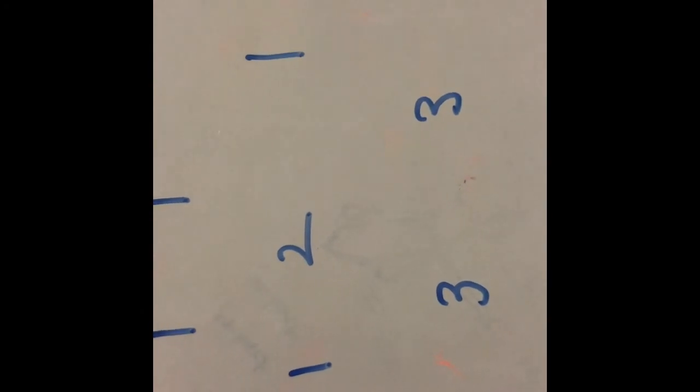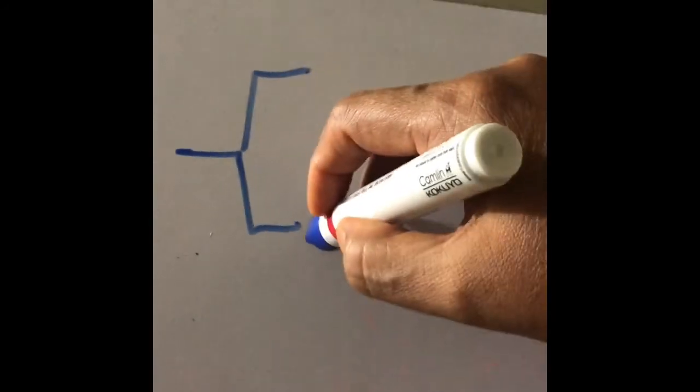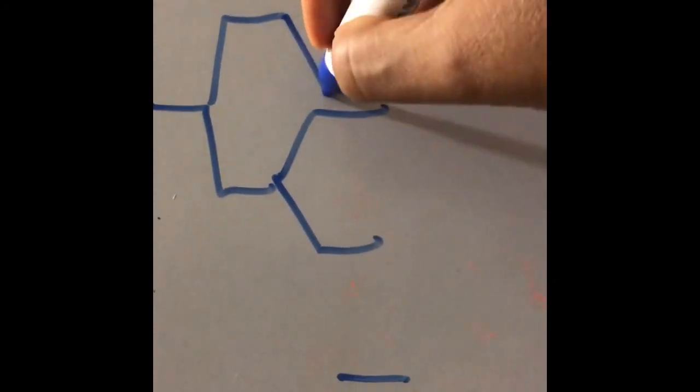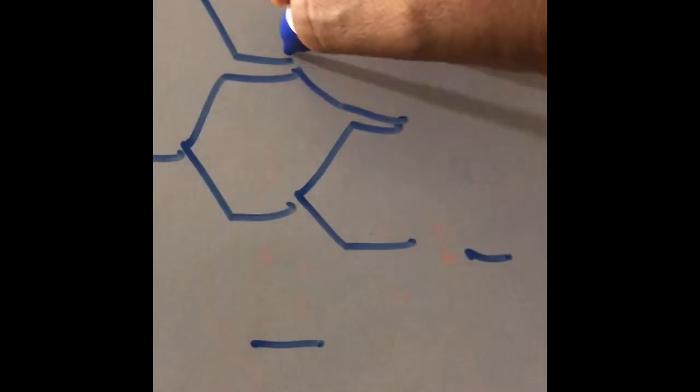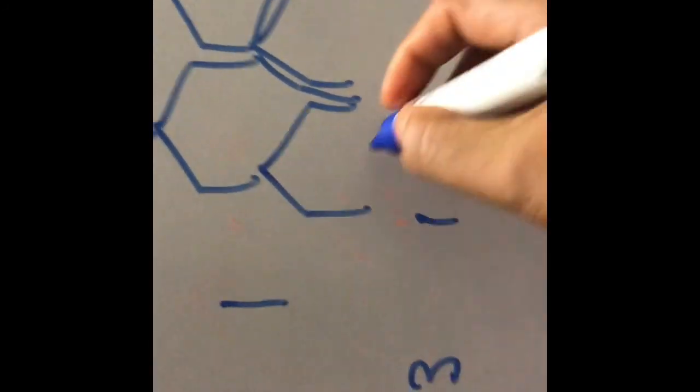When you have three protons as neighbors, we will have a quartet with the intensity ratio 1:3:3:1. A simple Pascal diagram we can draw like this also. This is a simple Pascal diagram.